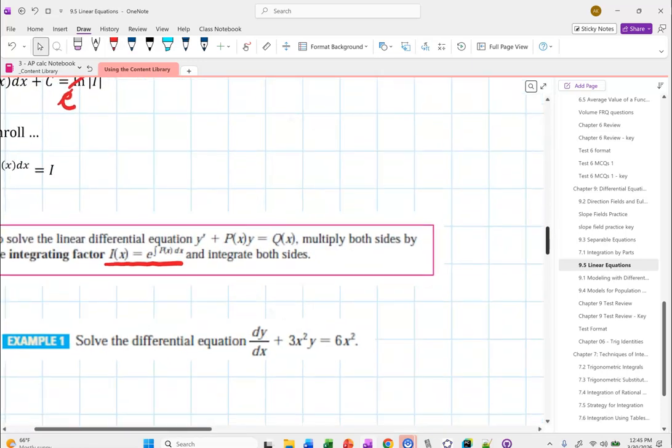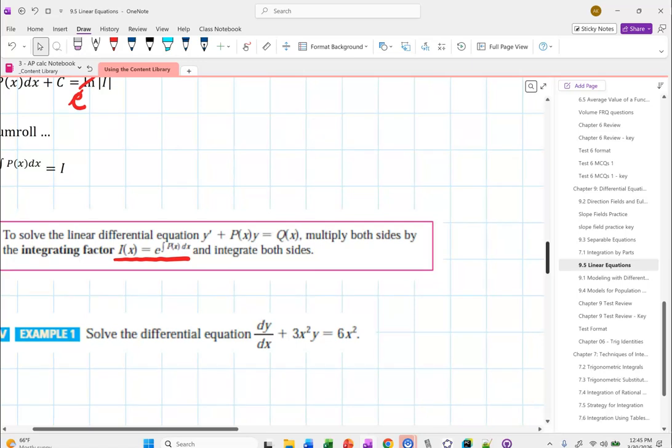Okay. So my first step, it says solve the differential equation. First thing I'd want to do is to see if it's separable, because if it's separable, that's what I want to use. If you take a minute and look at this, it's clearly not. Then I want to check to make sure that I'm in a linear form.